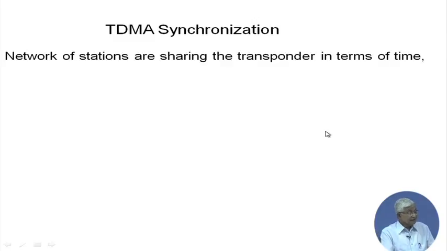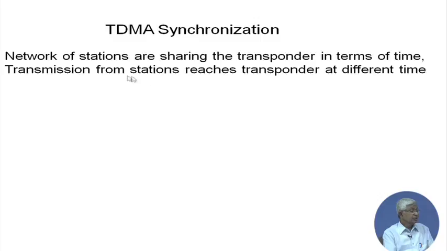But the important issue in TDMA is synchronization, particularly network synchronization. This network of stations is sharing the transponder in terms of time. So, they must transmit with a synchronized burst clock. The transmission from each station reaches the transponder at a different time.